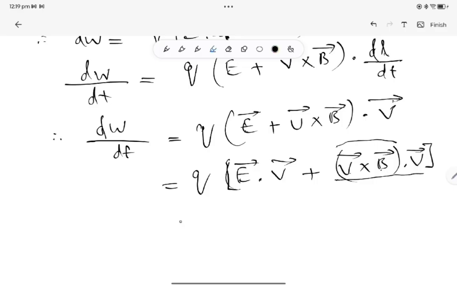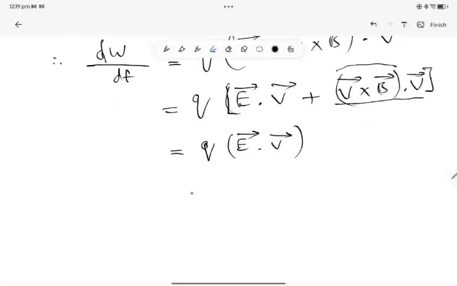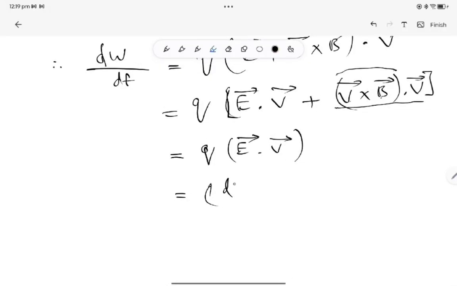Then we have Q E dot V. We can replace this Q by rho times the volume element. In order to avoid confusion with velocity, we will be writing the volume element as d tau from now onwards.